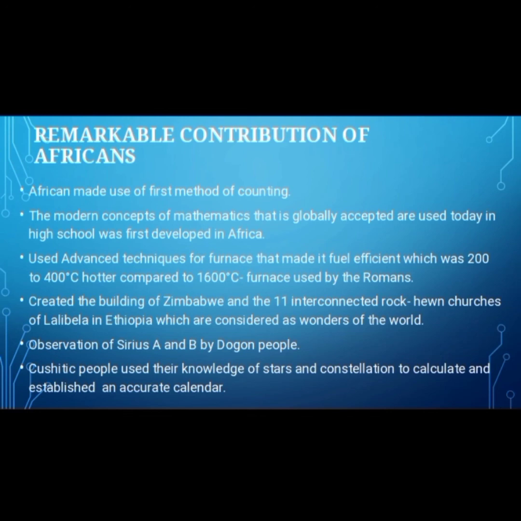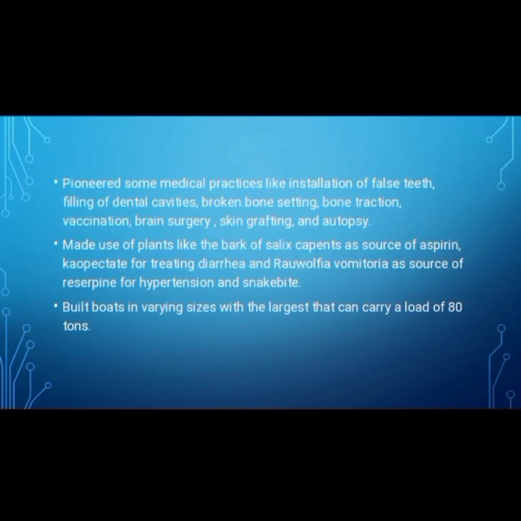Next, they created the buildings of Zimbabwe and the 11 interconnected rock-hewn churches of Lalibela in Ethiopia, which are considered wonders of the world. They also made observations of Sirius A and B, by the Dogon people. The Dogon people used their knowledge of stars and constellations to calculate and establish an accurate calendar.